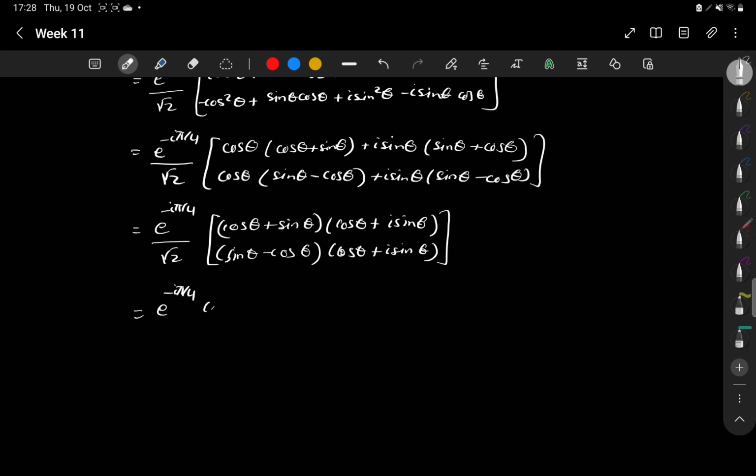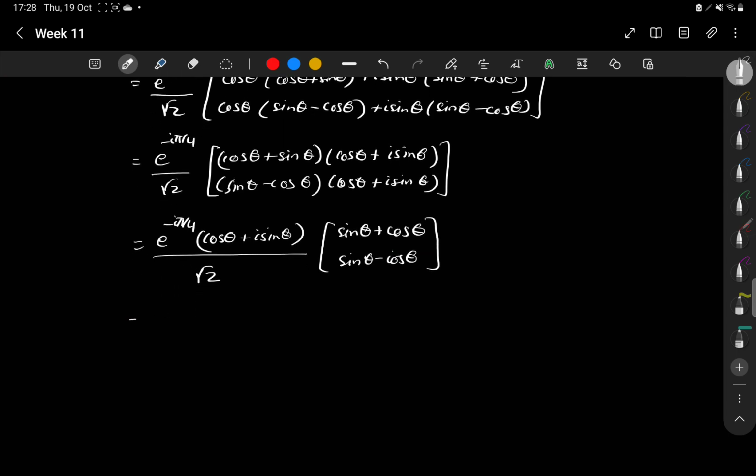It becomes another constant. And cos theta plus i sin theta is nothing but e to the power i theta.